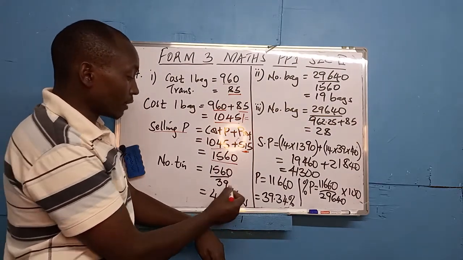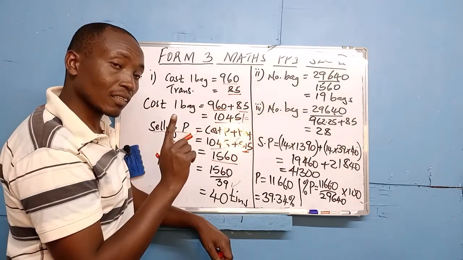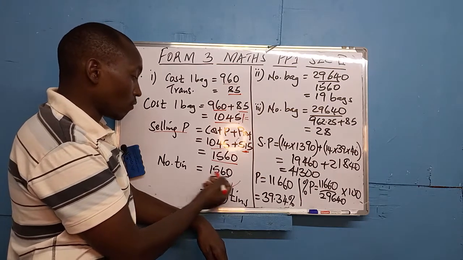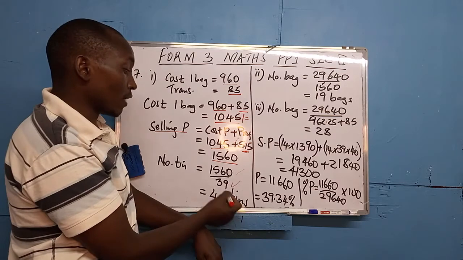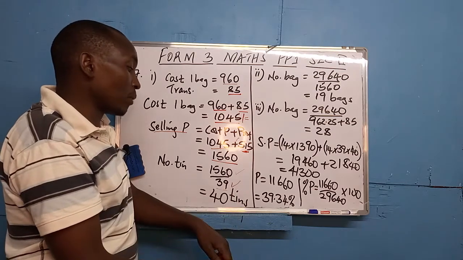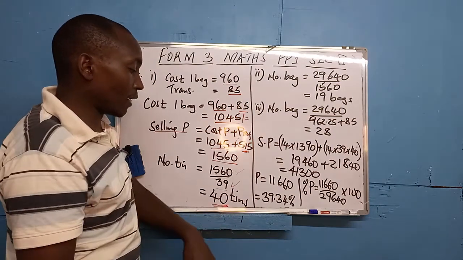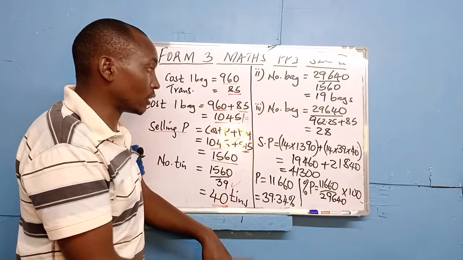Now, you're given that 39 shillings is the cost of one tin of maize. If you take the selling price per bag and divide by the selling price of one tin, you get that one bag of maize has 40 tins.